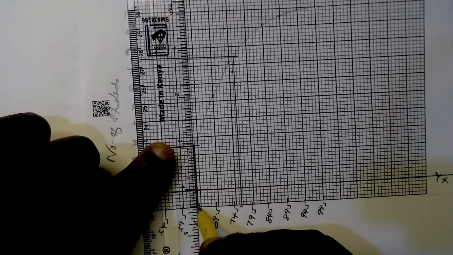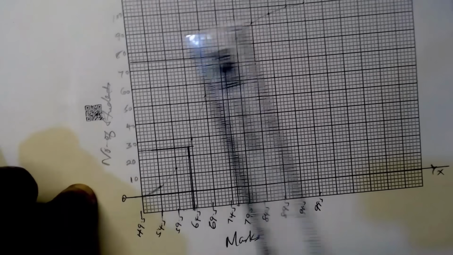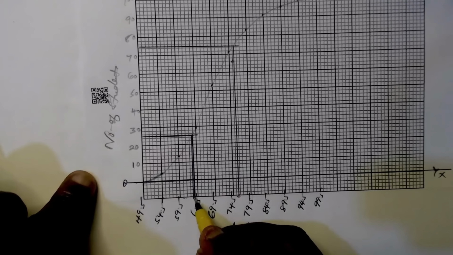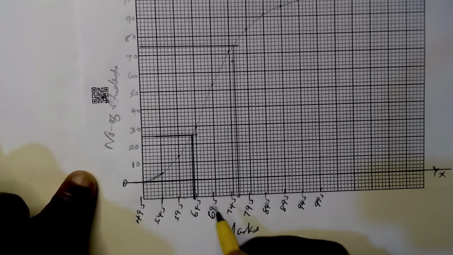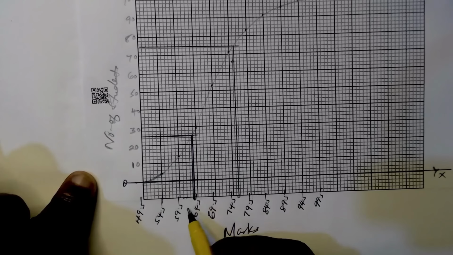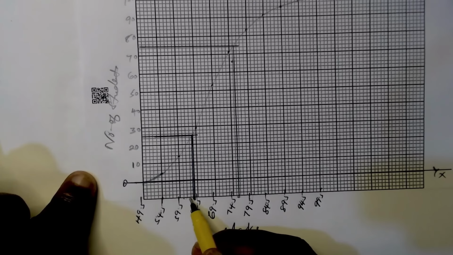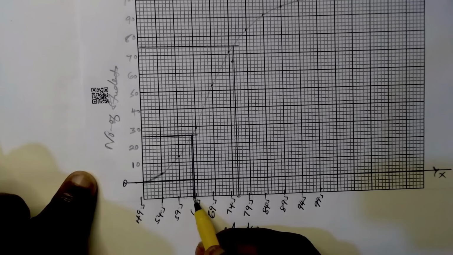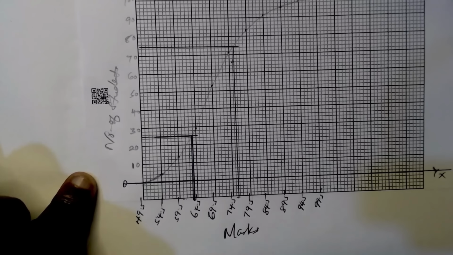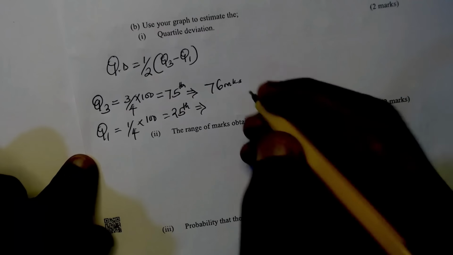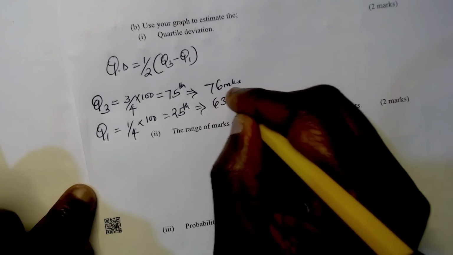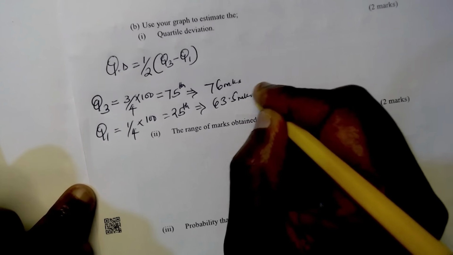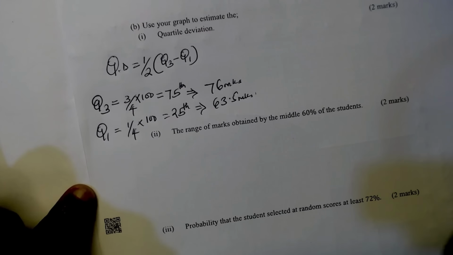You drop down there. You notice that to reach this point, it is 60.5, 61.5, 62.5, 63.5. So this will give 63.5. This point here, 63.5 marks. That is the lower quartile.